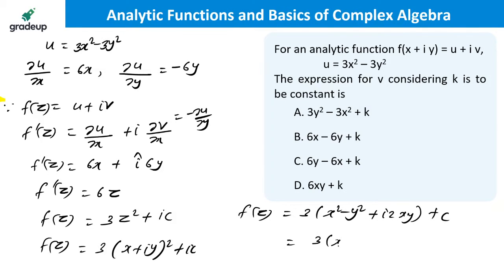So 3 times x square minus y square, this is your u, and I 6xy plus c, this will be the imaginary part. So instead of c they have used the constant k. Please take the screenshot. This is u, this is v. So v is 6xy plus c.